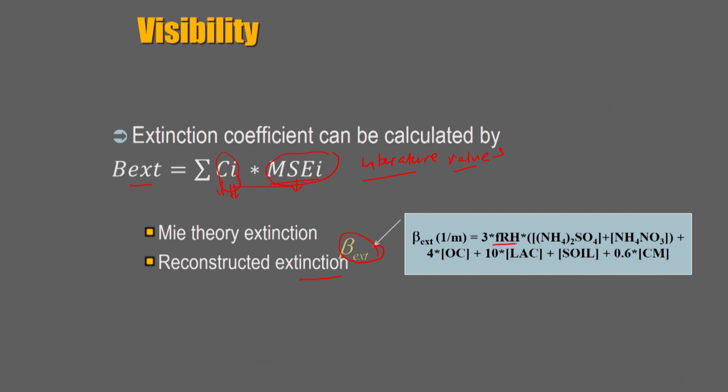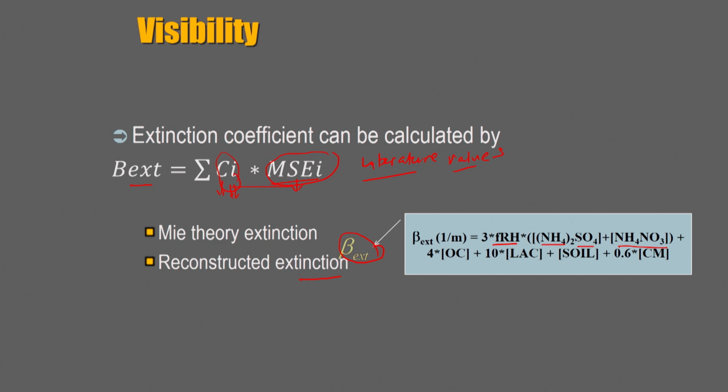I also discussed the importance of relative humidity here, and that ammonium sulfate and nitrate will not exist as separate ions unless you measure them by dissolving them in water. They will actually be in the form of their respective salts, and these are very important salts.